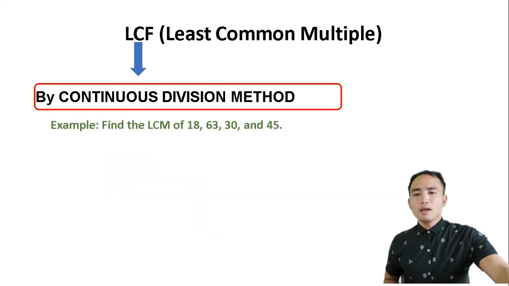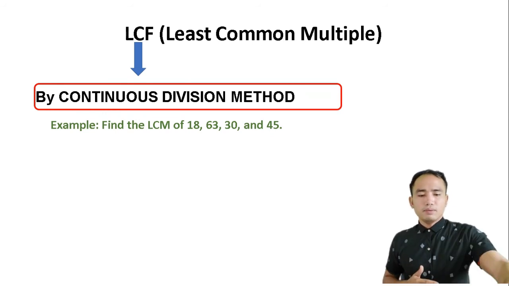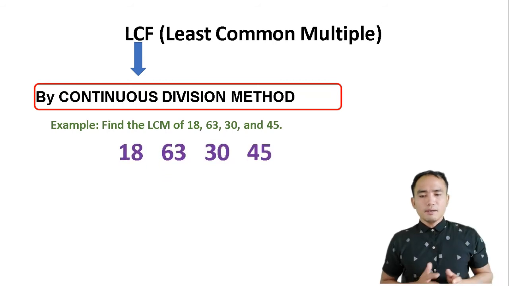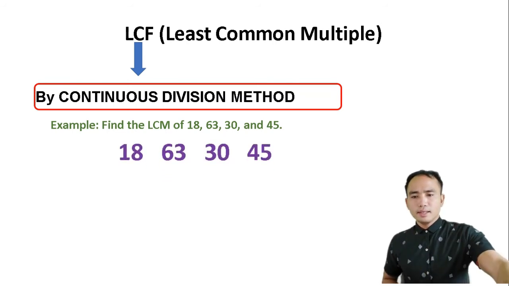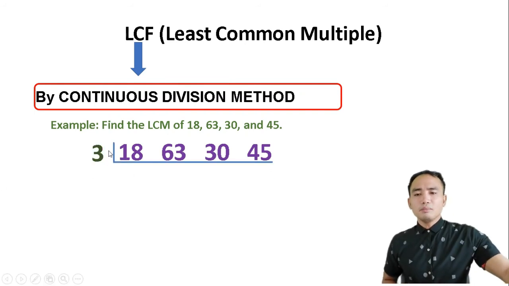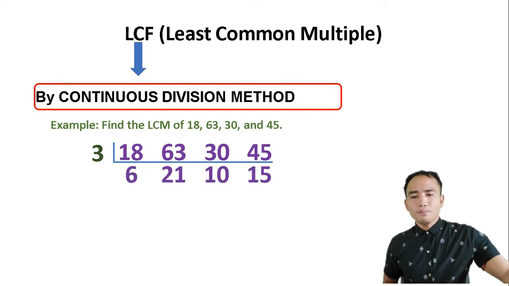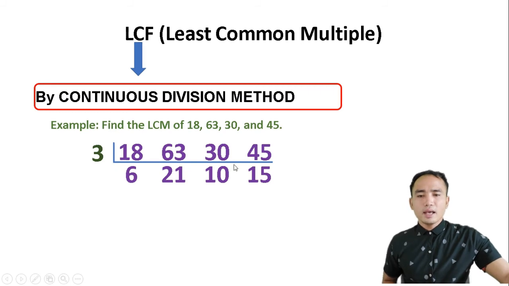Another example, find the LCM of 18, 63, 30, and 45. So what is the prime number that can divide this group of numbers? So 3. These numbers are divisible by 3 because the sum of the digits of these numbers is divisible by 3. So 18 divided by 3 is 6. 63 divided by 3 is 21, 30 divided by 3 is 10, and 45 divided by 3 is 15.